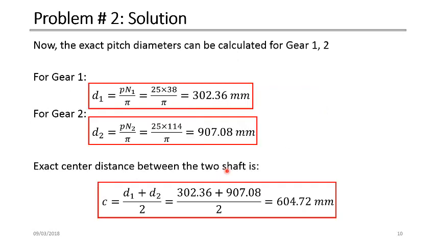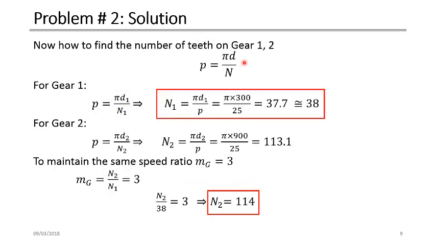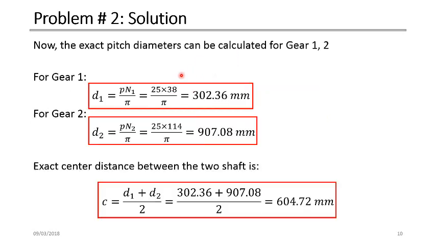Okay. In this case, we can use this equation, D1 is equal to P multiplied by N1 divided by pi, which is obviously coming from this equation. So D1, which is the pitch circle diameter of the first gear, is equal to P, which is 25, multiplied by N1, which is 38, divided by pi.